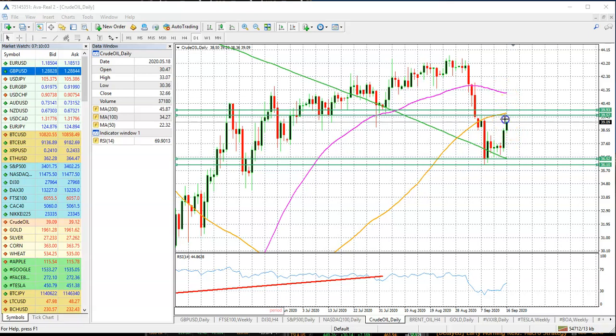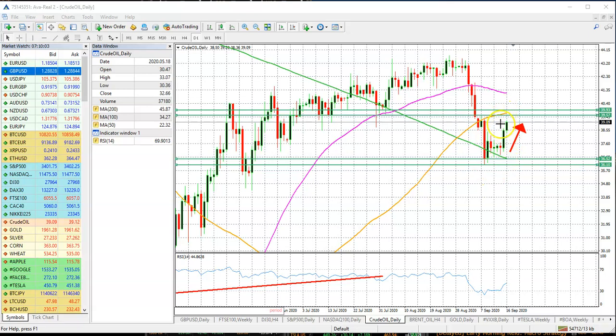If we see a break to the upside, then the price is going to move towards its next level, which is your 50-day moving average, and that is what I'm looking at in terms of prices from here. But right now, as you can see, the price is trading to the upside, so that is okay for me because the trend is to the upside for the time being.